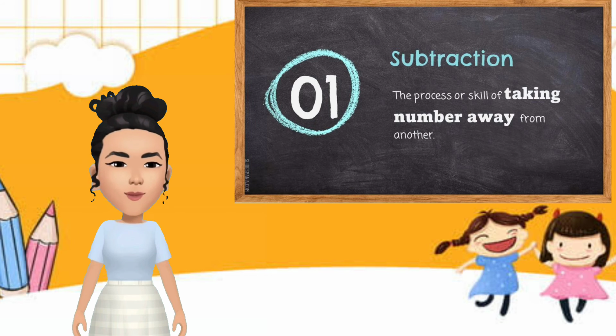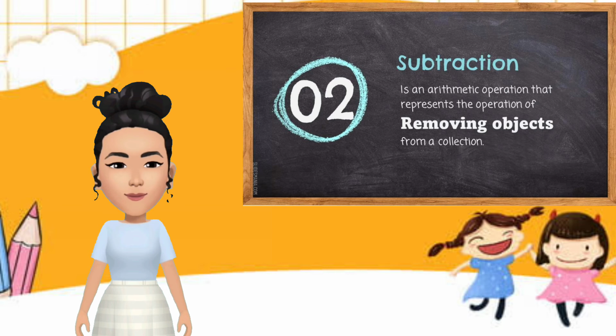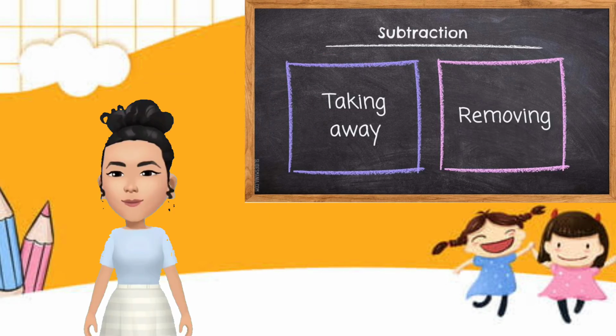Second, subtraction is an arithmetic operation that represents the operation of removing objects from a collection. So, meaning, subtraction is removing. So, you need to remember the word removing. Okay, let's review. When we talk about subtraction, it means taking away or removing.